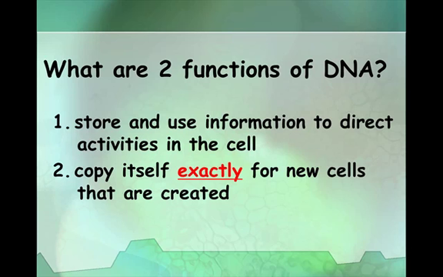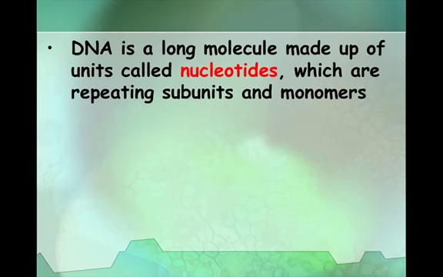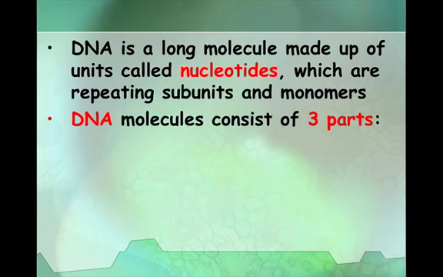Now we're just going to review something about the structure of DNA that you learned back in Chapter 2. DNA is a long molecule made up of units called nucleotides, which are repeating subunits and monomers. The DNA molecule consists of 3 parts.